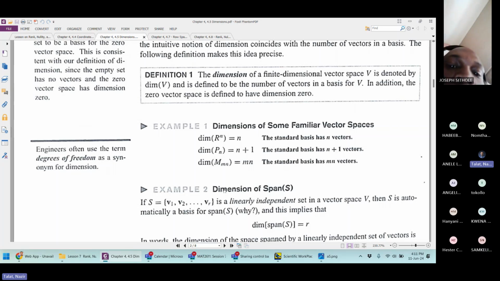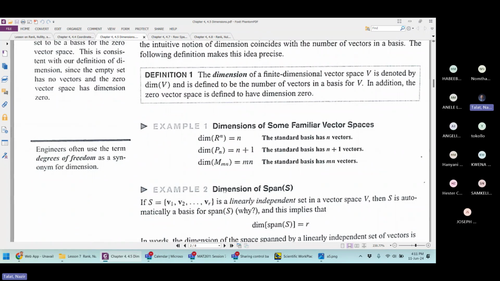Some are polynomial functions, some are exponential functions, some are trigonometric functions like sine and cosine, some are logarithmic functions. Similarly, the class of all continuous functions is also a vector space, but its dimension is infinity.